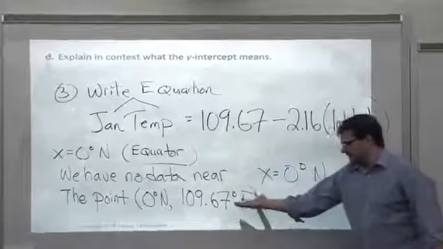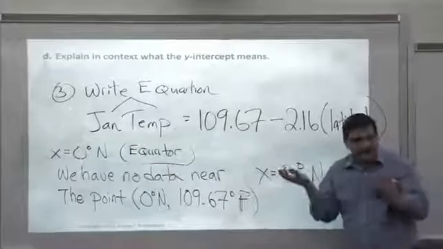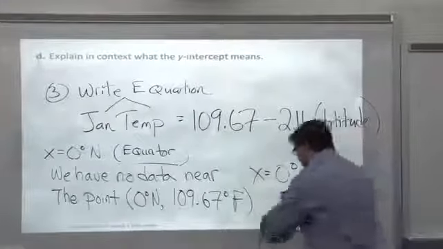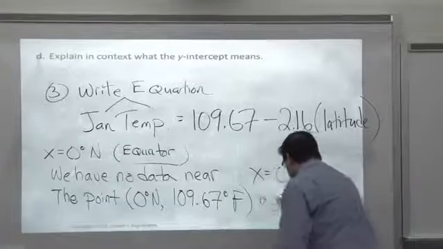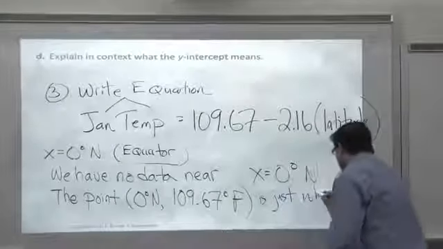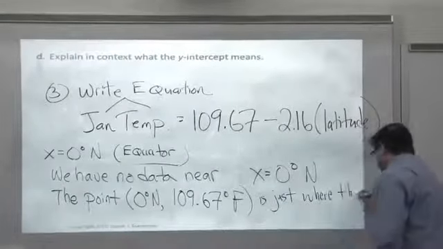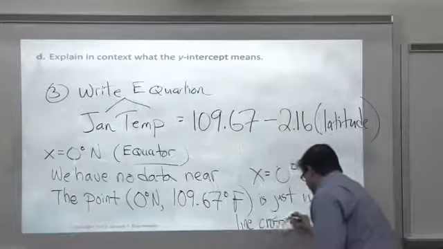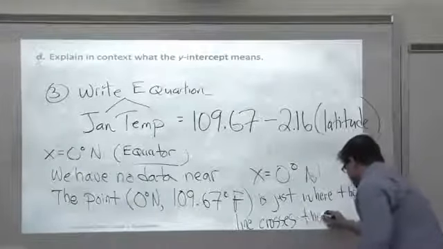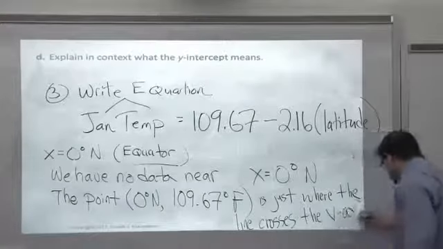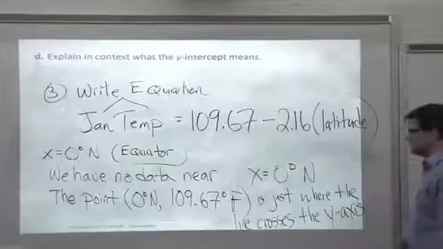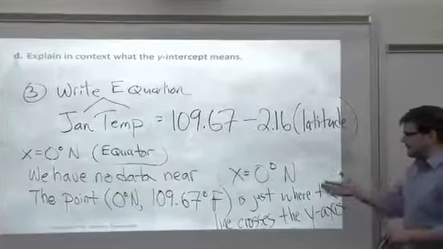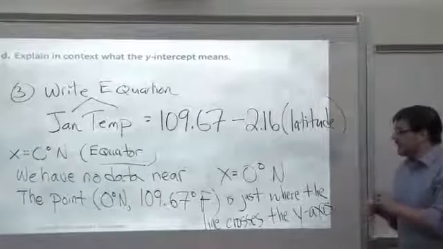It might be something close to 109 degrees, but I have no idea. Okay, this point is just where the line crosses the y-axis. It's extrapolation. There's no data near x equals 0.